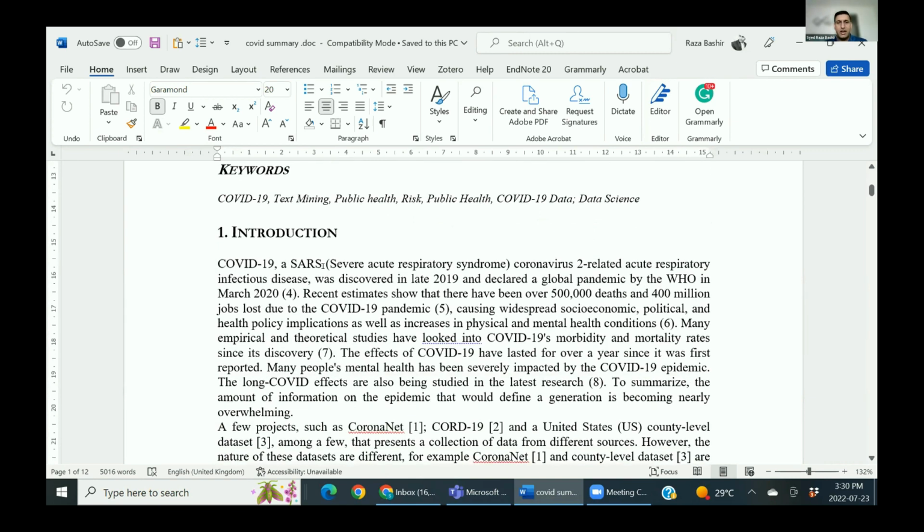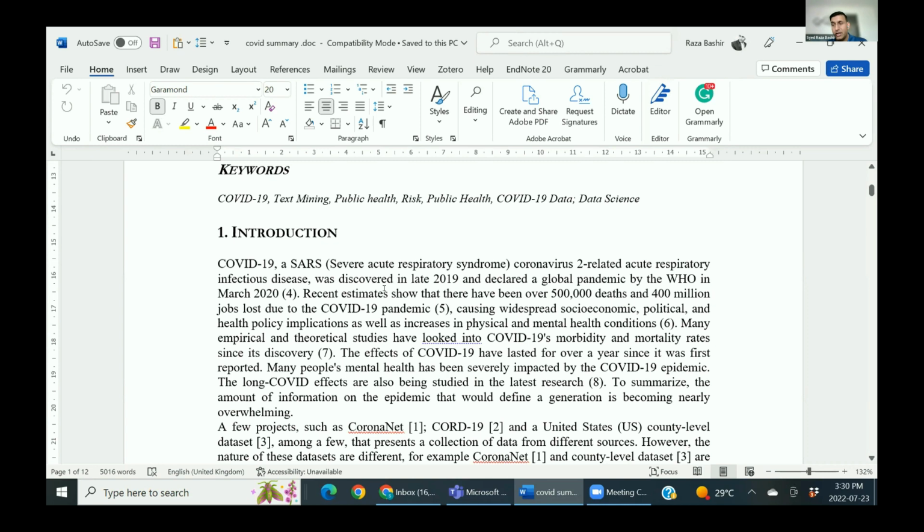COVID-19 is severe acute respiratory syndrome coronavirus 2, related to acute respiratory infection diseases. It was discovered in late 2019 and declared a global pandemic by WHO in March 2020. We were all affected by this, and many people lost jobs, with over 500,000 deaths.